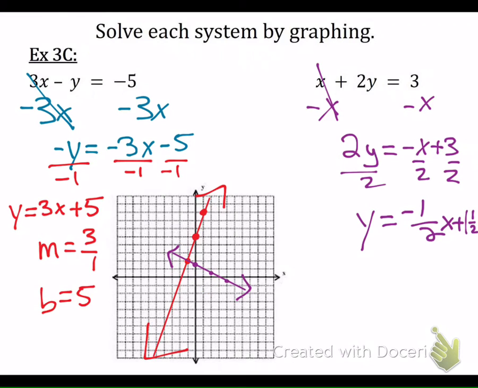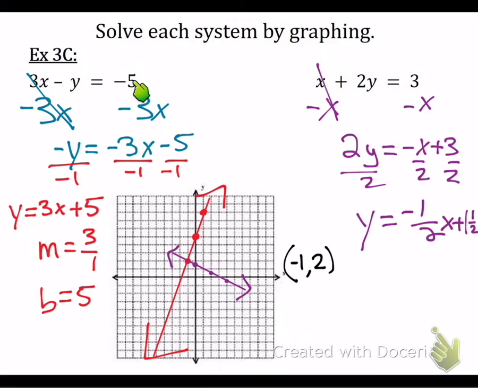Okay? Now, it looks like they intersect at what point? (-1, 2). Let's plug those in because I don't feel great about the way we graphed the purple line. We're going to come back to it in about 30 seconds. But real quick, let's just plug it back in. So this would be -3 minus 2.